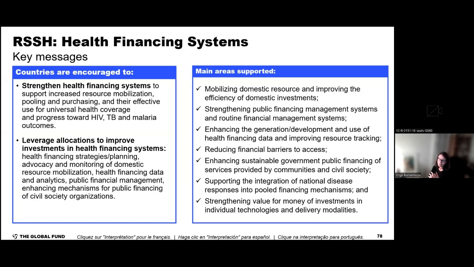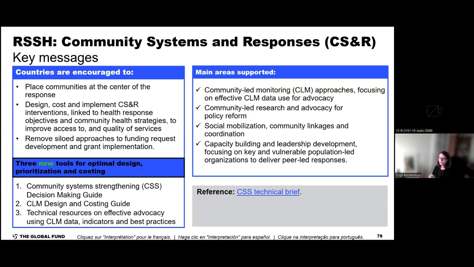Our finance colleagues are very interested in this because we want to make sure that budgets are well formulated and then executed down to the lowest levels, including at the health centers. And then finally, enhancing mechanisms for public financing of civil society organizations, which includes the world of social contracting. Next slide, please. So community systems and responses, this should be very familiar to most of you.